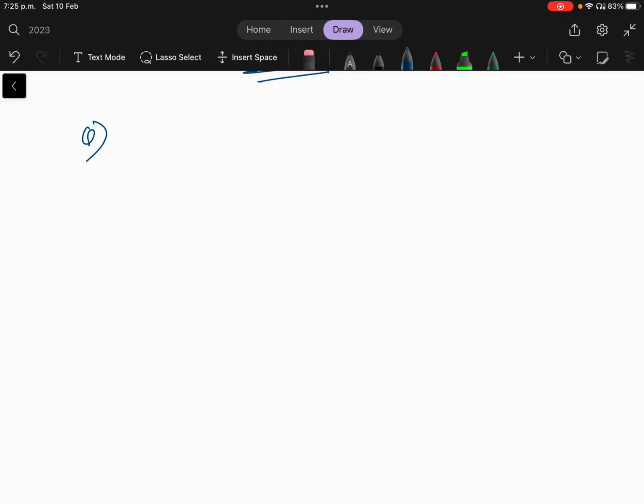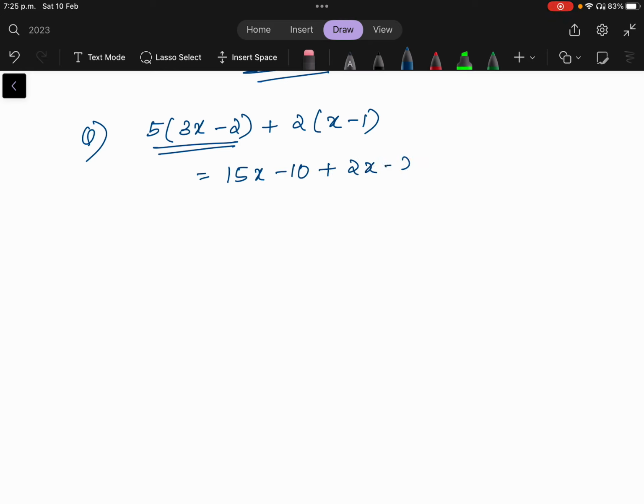Okay, I'll show you one more. No, sorry, we need to learn some more questions. So if you have something like 5 times 3x minus 2 plus 2 times x minus 1. So you have multiple expressions. So what you will do, first simplify this, which will be 15x minus 10 plus 2x minus 2, that is equal to 17x minus 12.